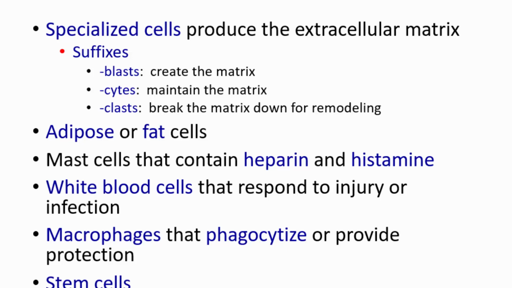Like, for instance, we have what's called a pluripotent stem cell in the bone marrow. And this pluripotent stem cell can turn into all the different types of red and white blood cells. Okay, so it's undifferentiated, but once it differentiates itself and specializes, it'll become one of those other types of cells.